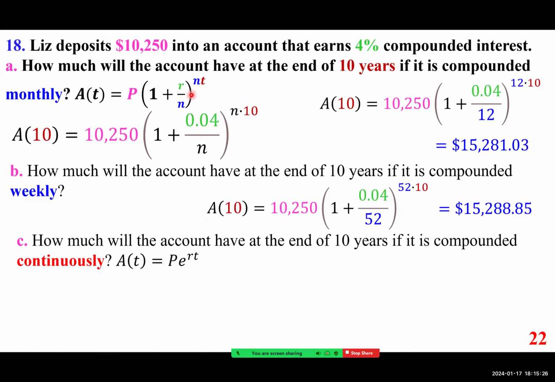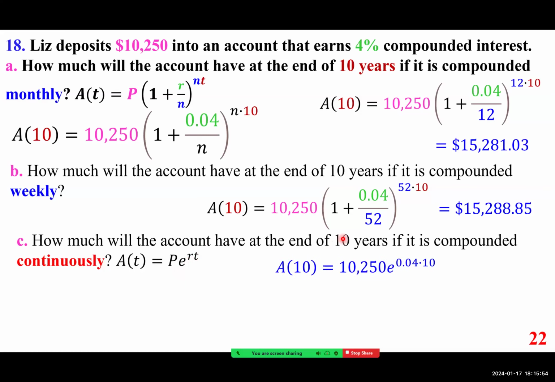Now, how much will the account have at the end of 10 years if it's compounded continuously? It becomes A of t equals P e to the power of RT. I hope everybody remembers this formula. So basically, we have the same situation, A of 10. So T is 10, P is the same principal of $10,250, the same rate of 4% or 0.04, and T, same 10 years.